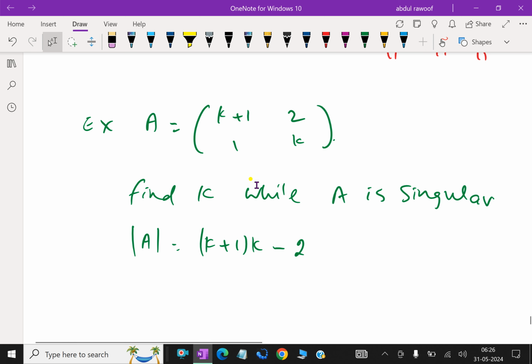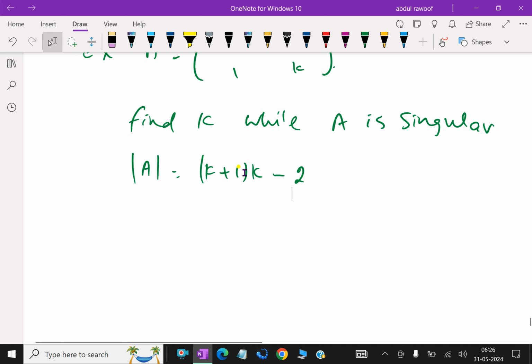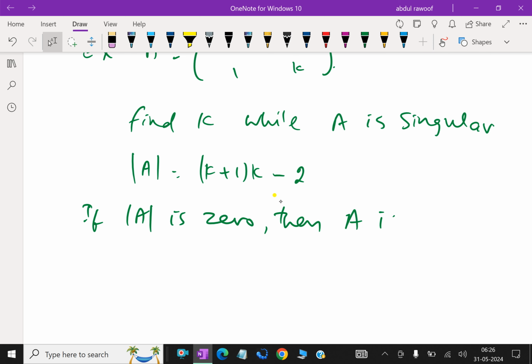What does singular mean? If determinant A is 0, then A is singular.